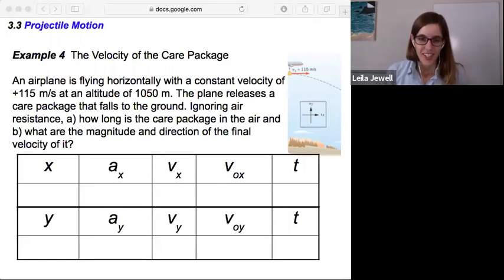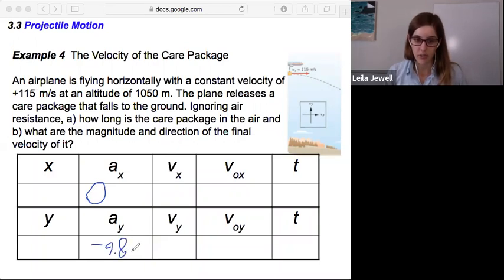All right. So first off, we want to immediately go to our acceleration and fill that in, right? We know the acceleration in the x is 0. In the y, it's going to be our negative 9.80 meters per second squared. Similarly, I mentioned that the velocity is the same as that of the airplane at the moment it's released. That means if the airplane is flying horizontally with this constant velocity of 115 meters per second, all of that velocity is in the x direction.